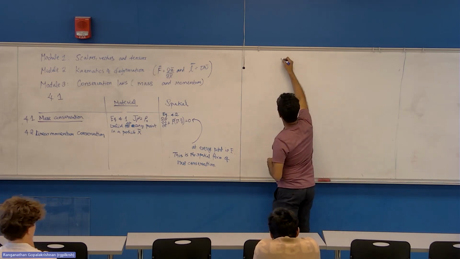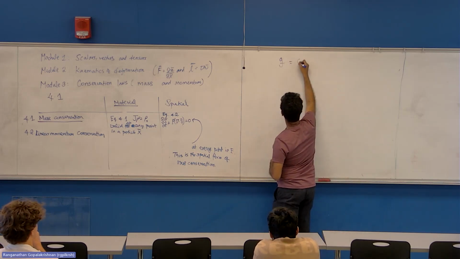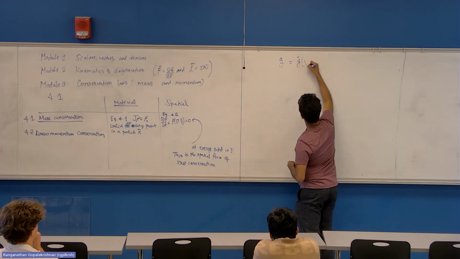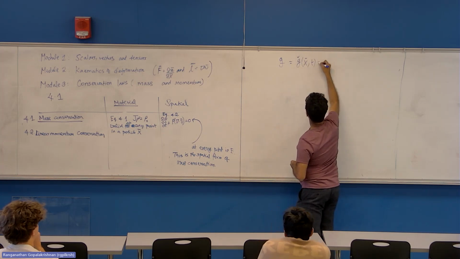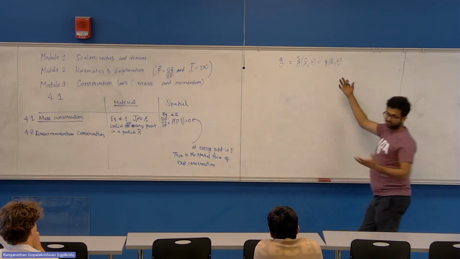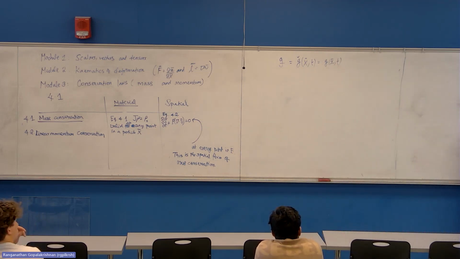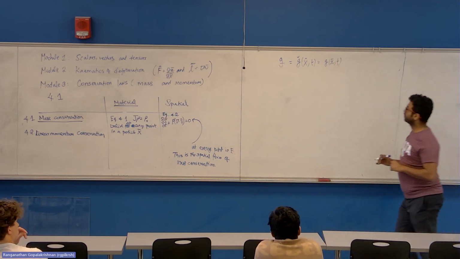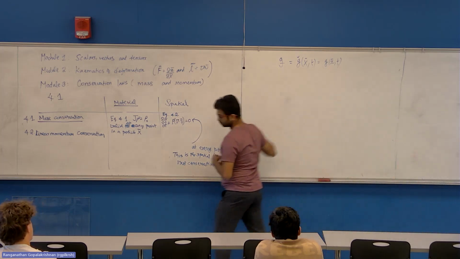If you have a quantity G, which is expressed as G tilde of x comma t or G of spatial x comma t, this is like any function, either in spatial or material form. We have a functional form for that.